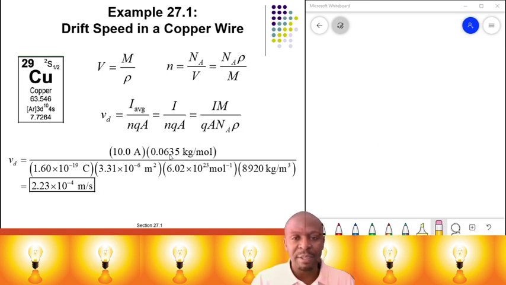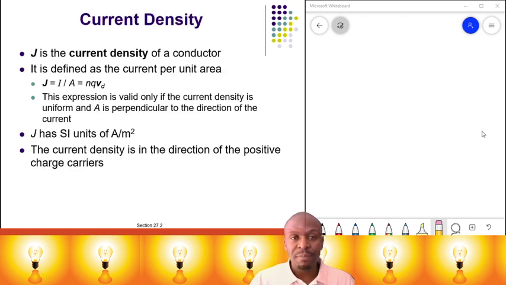Look at the molar mass. Because in the periodic table it is in grams per mole, it must be converted to kilograms per mole. Now let me also introduce you to the current density.